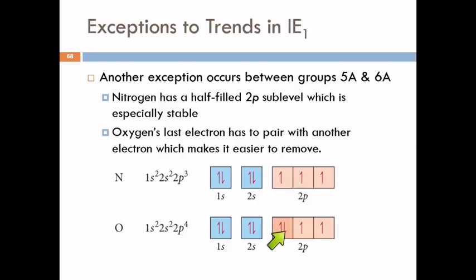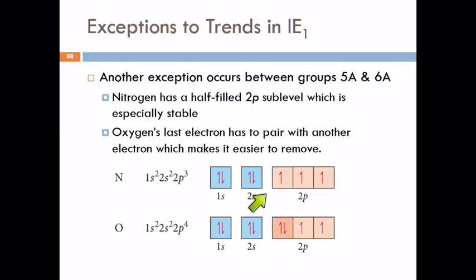Removing this paired electron is easier than removing one of these electrons from nitrogen. So although the trend says that oxygen, being to the right of nitrogen, should have a higher ionization energy, because we're removing a paired electron to form a half-filled shell like nitrogen has, it's actually easier.